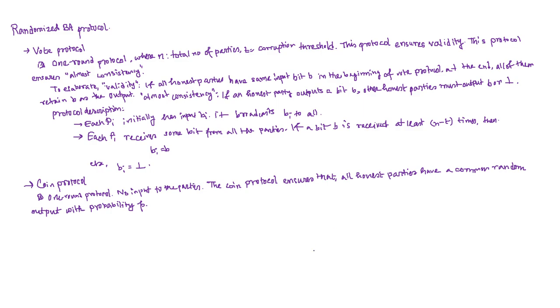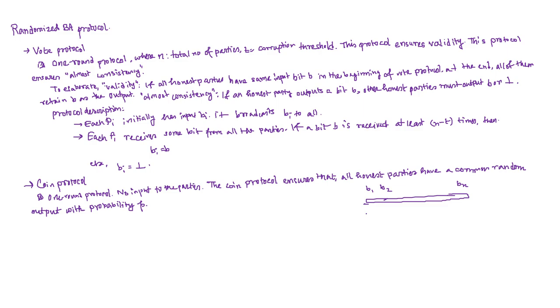Okay, right. Now we will come to the instantiation of coin protocol. But before that, how the overall randomized BA works. So there is one round of vote protocol, at the end of which, let's say parties are starting with B1, B2 to Bn.